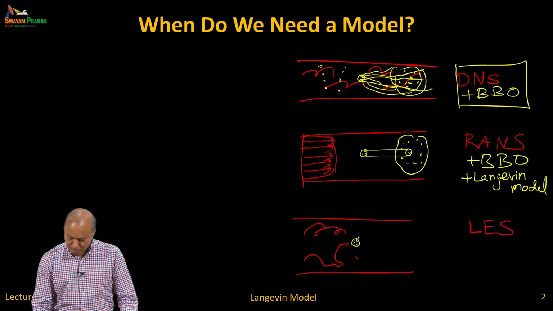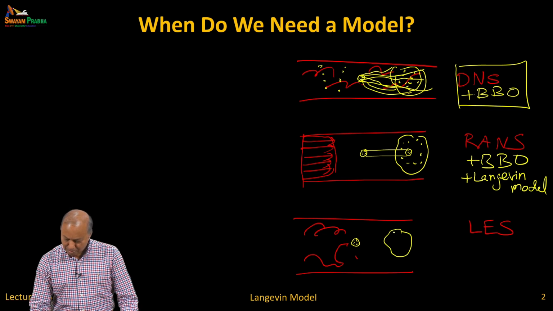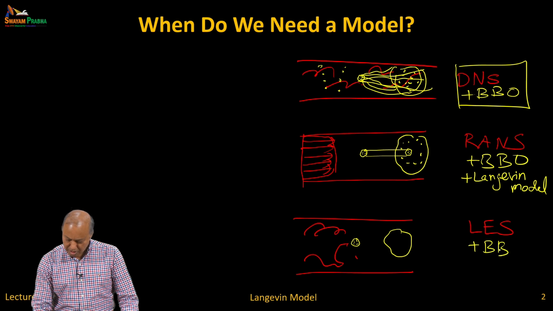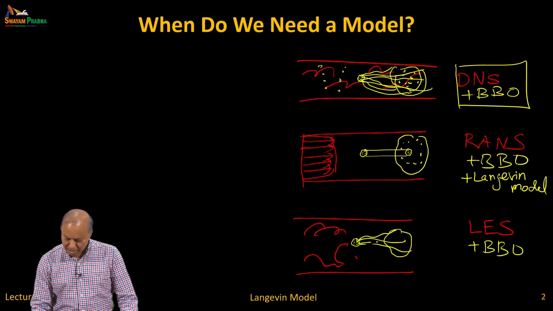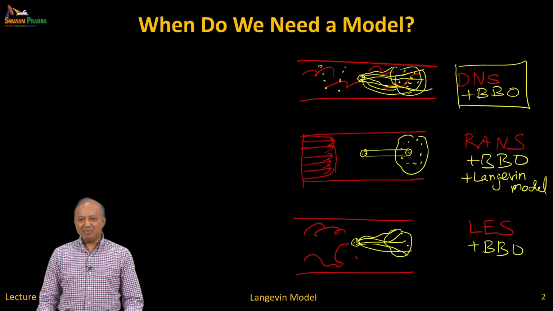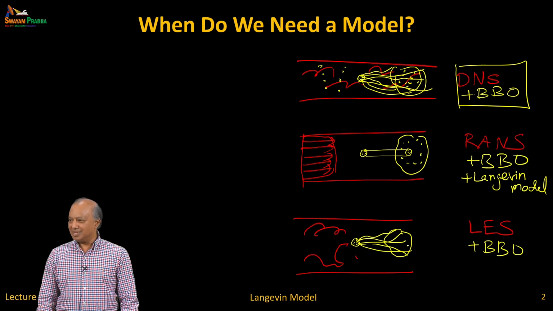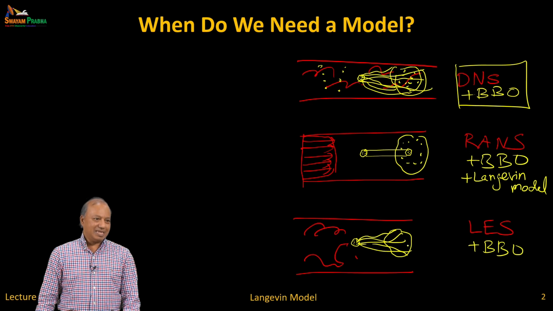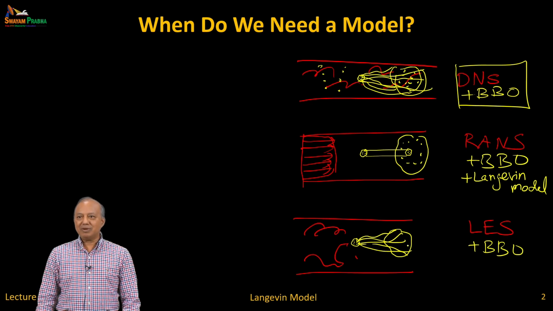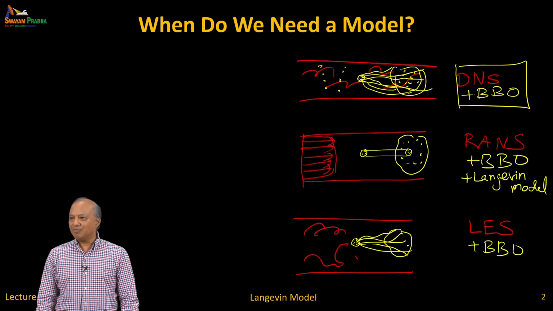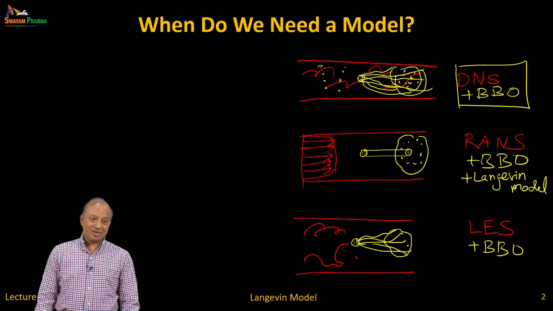Now it will spread if you just use LES plus BBO. You will capture some dispersal of the particles, but it won't be precise, right? Because you have missed the small eddies, so you will not get the precise answer.